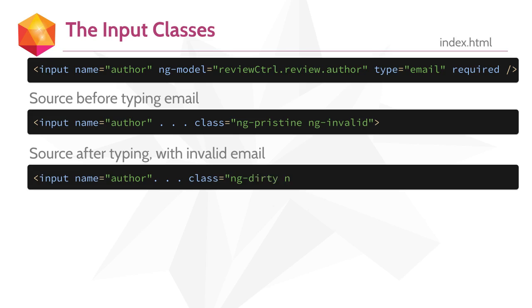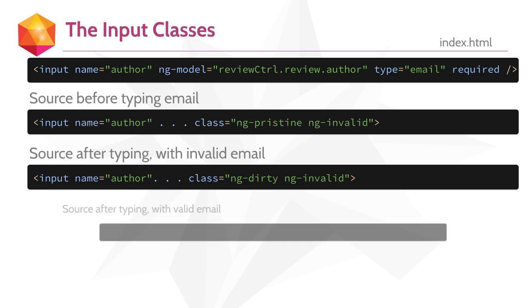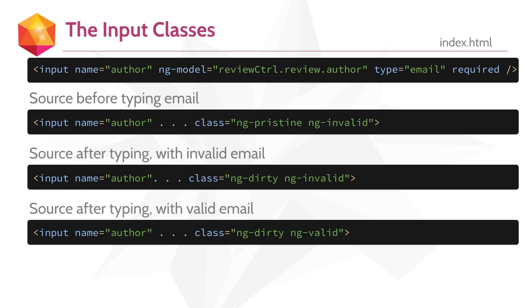As we start typing inside that field, the class changes. The class gets updated to ngDirty, but it's still invalid, so it still has ngInvalid. Then, after we have a valid email, that ngInvalid turns into ngValid. All this is default magic that Angular adds for you.